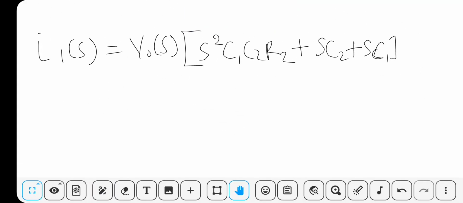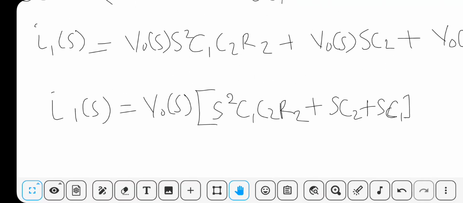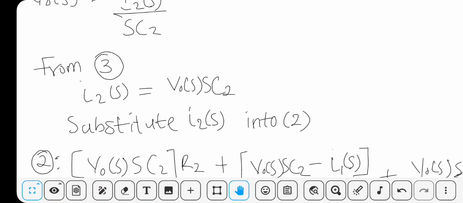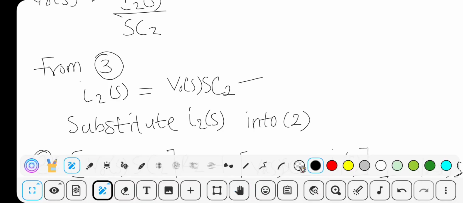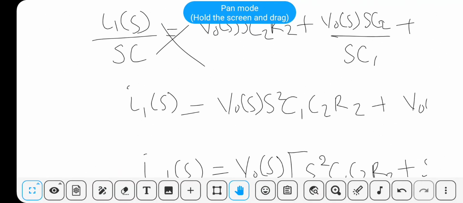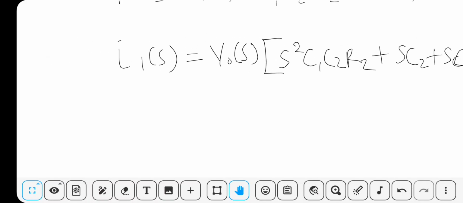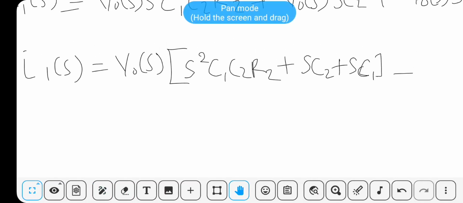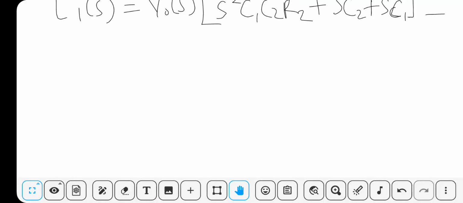Now we have gotten I1 of S and I2 of S in terms of V naught of S, which is this and this. So now let's substitute the two into equation 1 to get the transfer function.